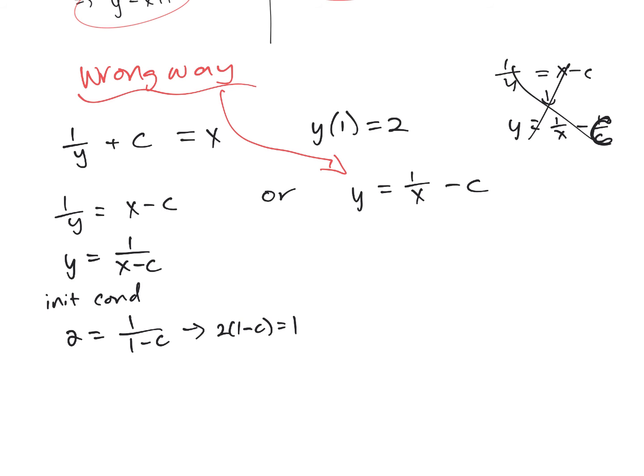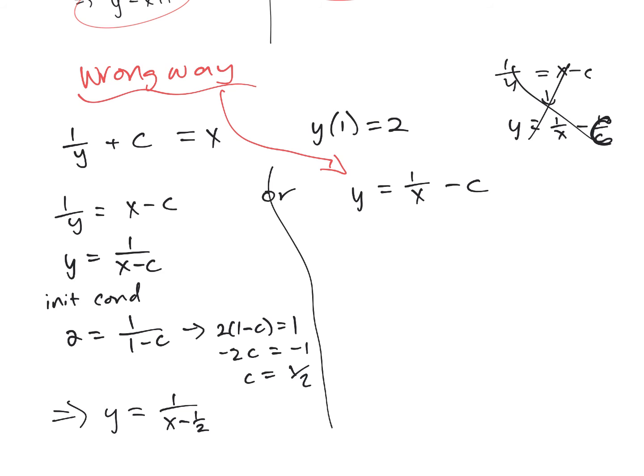And then we get negative 2c equals negative 1, and c equals 1/2. Okay, good. That's what I had in my notes. And so then our final answer ends up looking like y equals 1 over x minus 1/2.